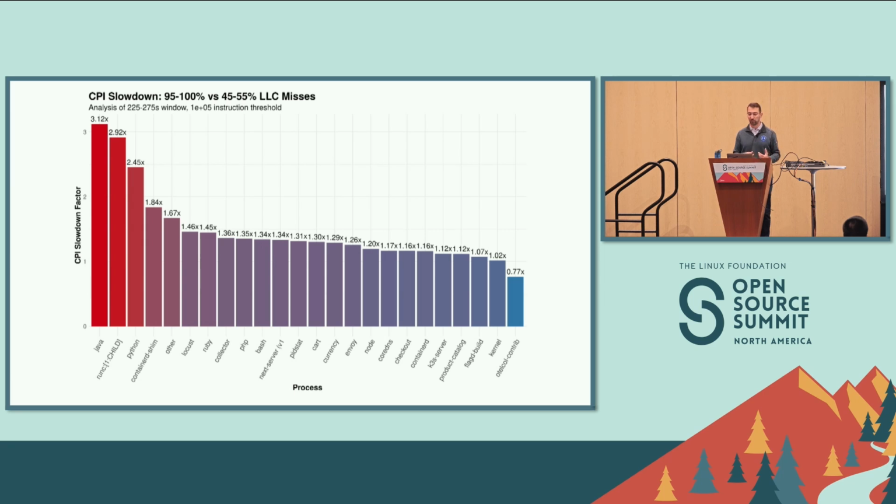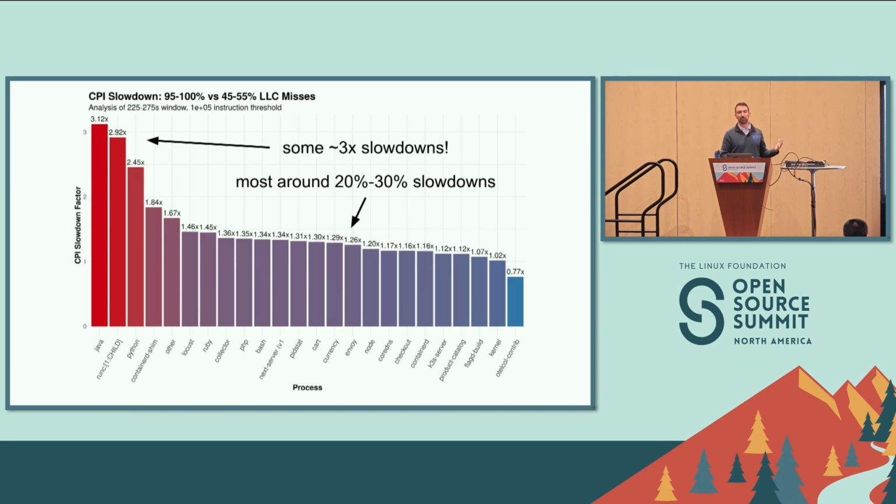Most of the services experienced around 20 to 30% slowdowns when memory was contested versus average contention for memory. And some applications experience slowdowns of around 3 times. So this actually can impact your applications.